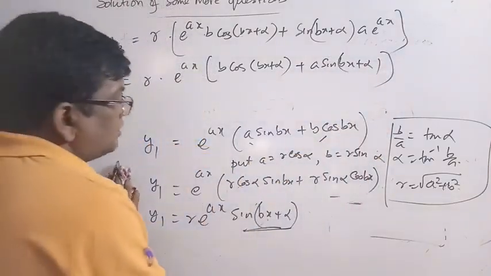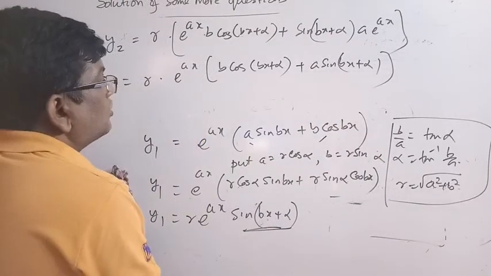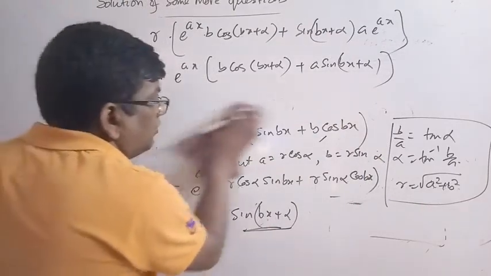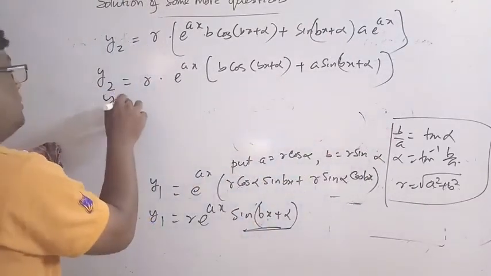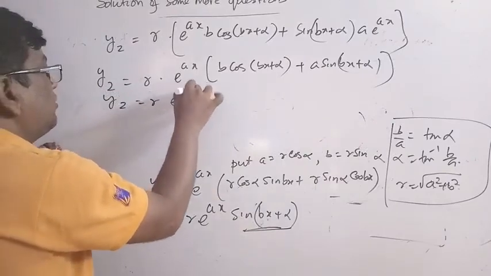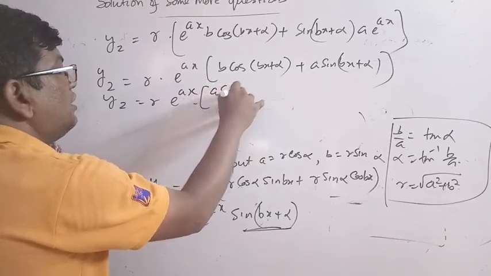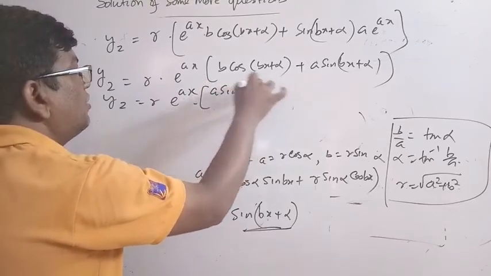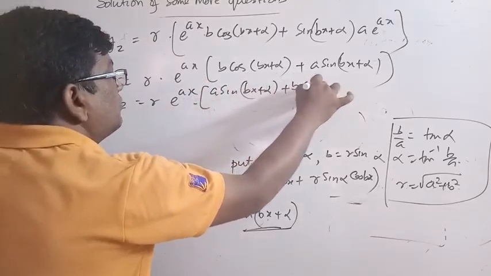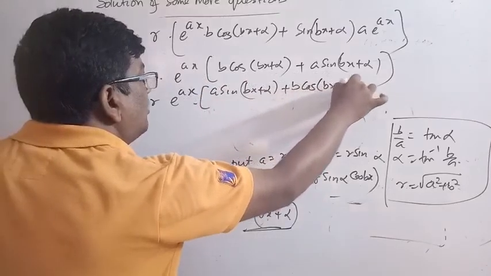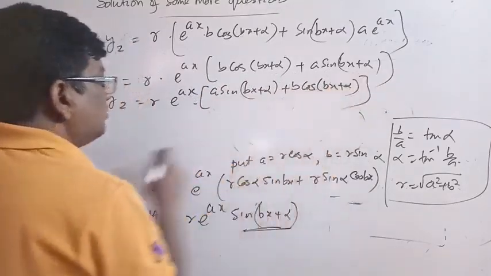Put a equal to r cos alpha, or we can write y2 is equal to r e to the x. Write first a sin bx plus alpha, b cos bx plus alpha. So this is equal to what?